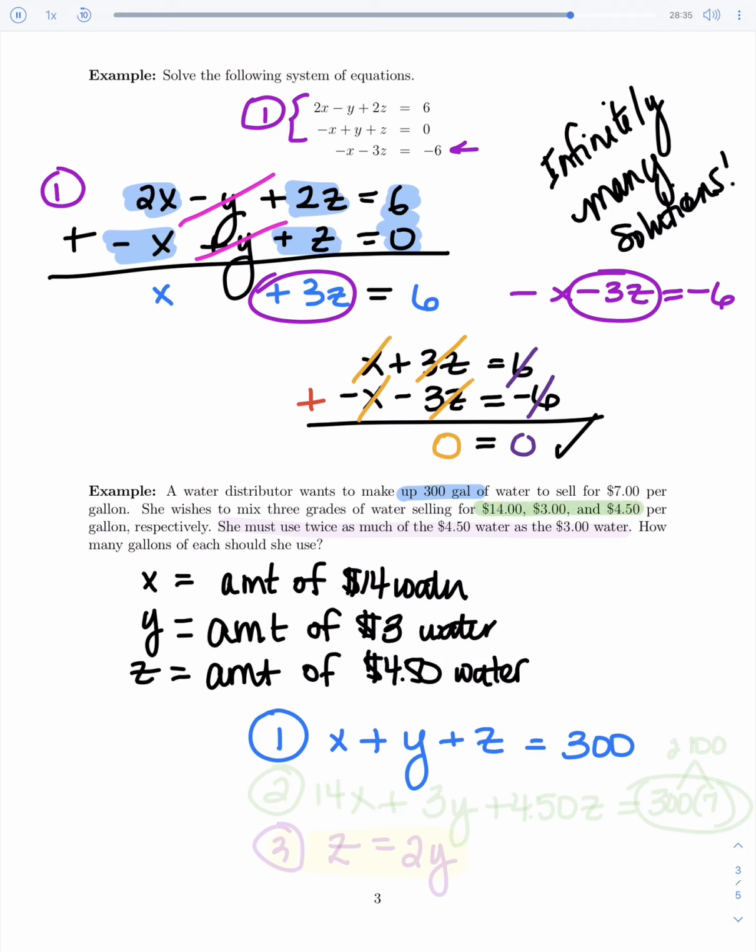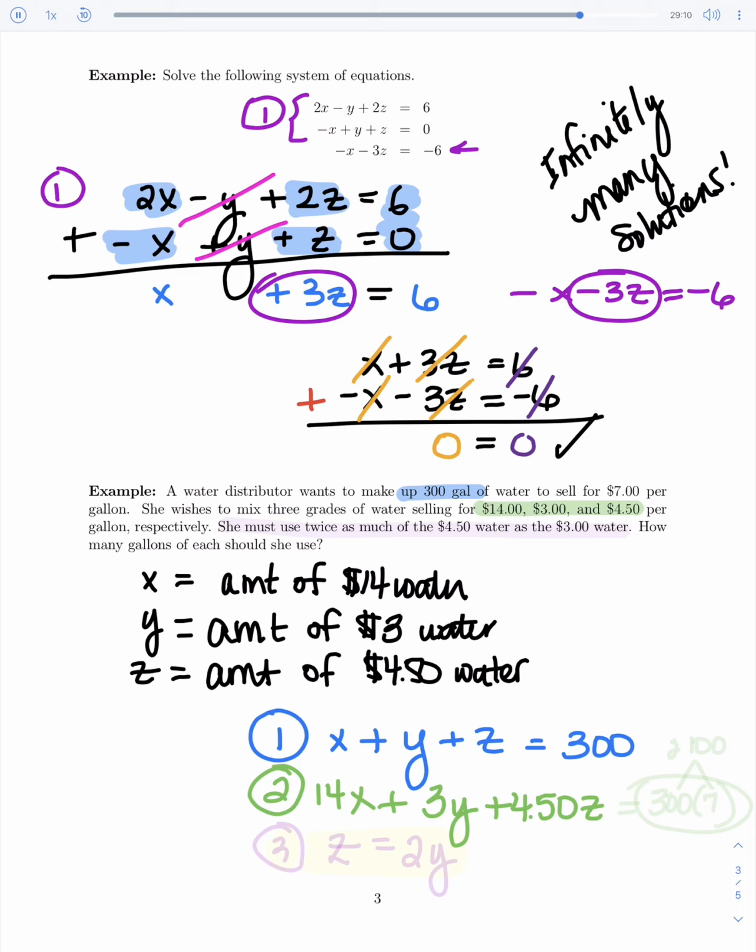Next, we need to bring into the equations the actual prices. The X is the amount of the $14 water, so we're going to have $14 times however many gallons of the X, plus however much of the Y, which is $3, so 3 times the Y, and then $4.50 times our Z gallons of that $4.50 water.